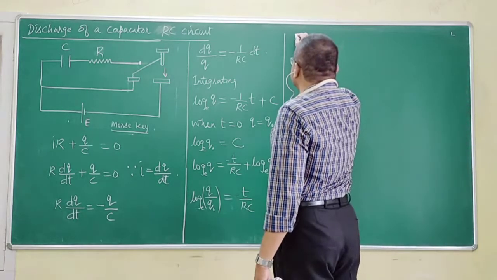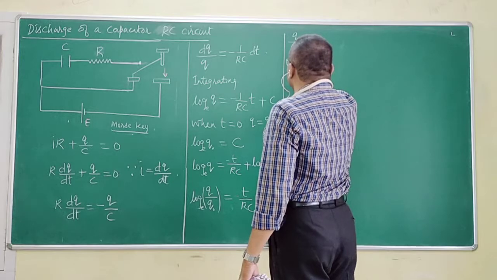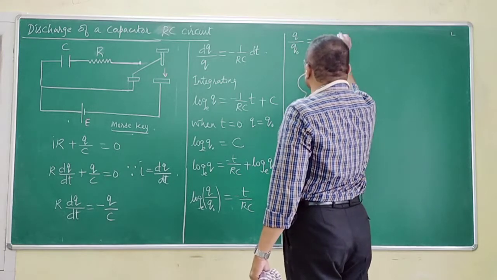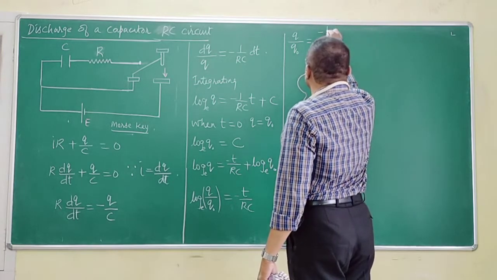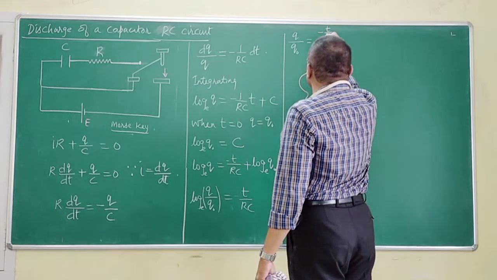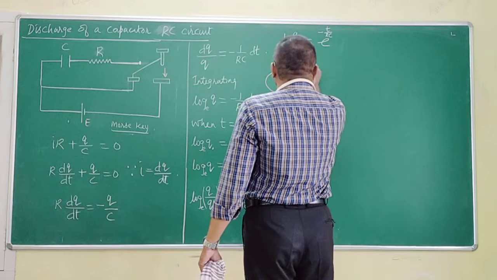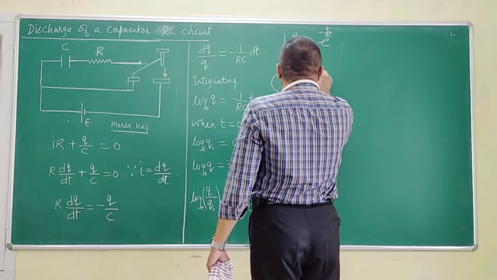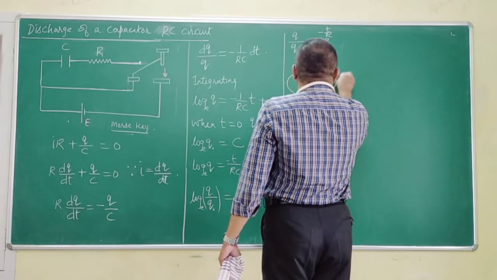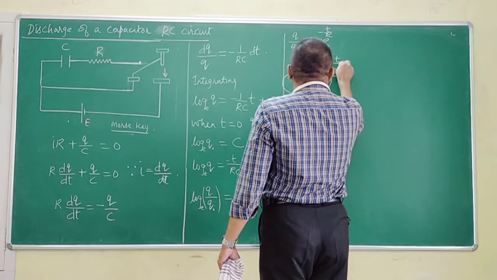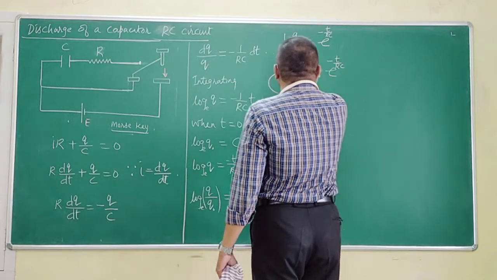This can be written as Q by Q naught equals e to the power minus T by RC. This can be written as Q is equal to Q naught e to the power minus T by RC.